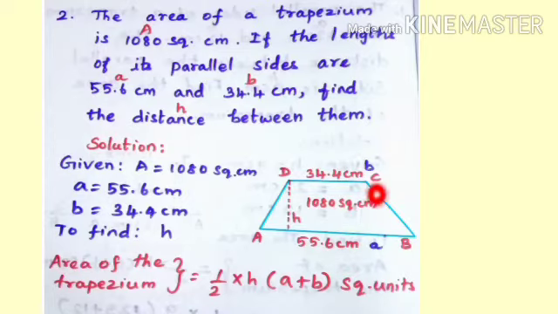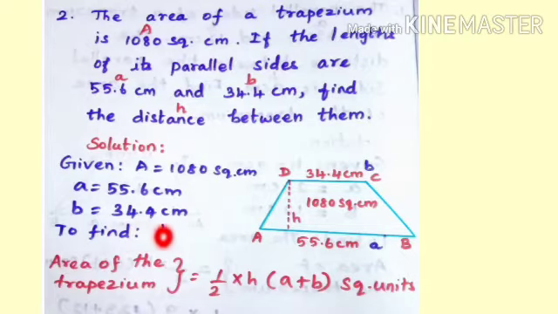And the area 1080 square centimeter is given. And here we need to find the value of h. Write down the given values: small a and b, the parallel sides, and the area, and to find the value of h, the height of the trapezium.